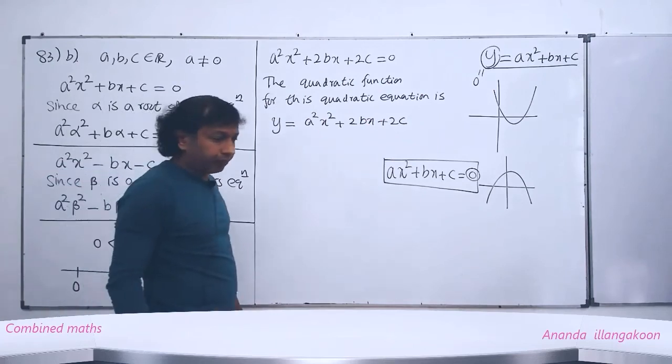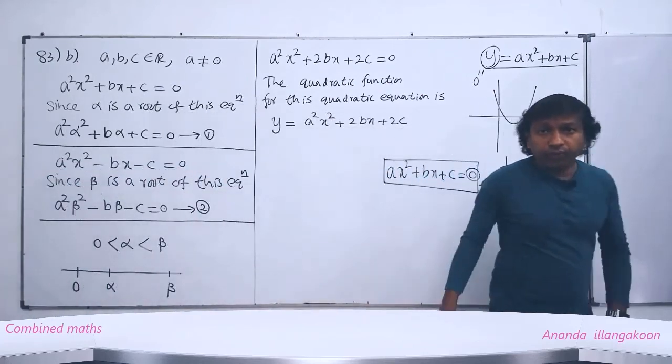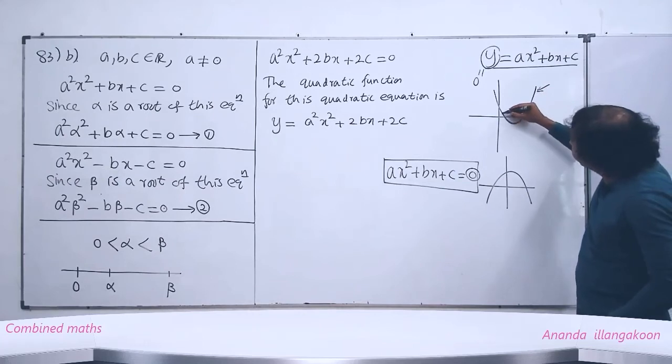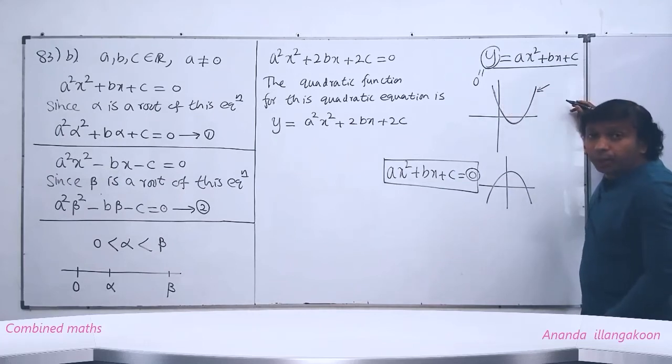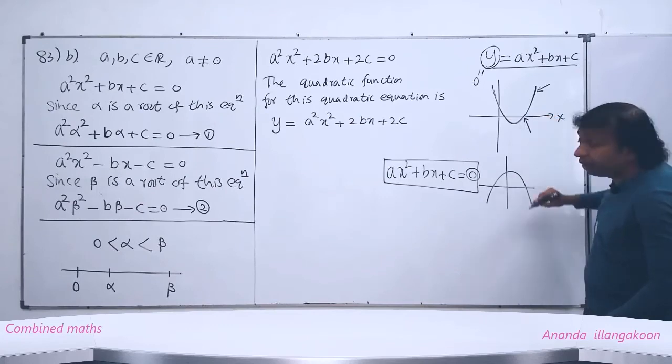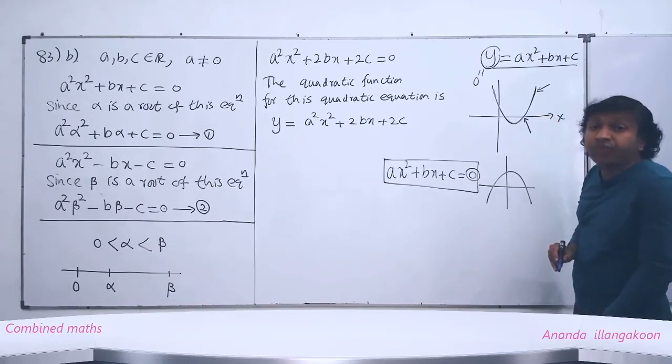Right. People, now when we consider this way the quadratic function, its graph is this. Right? People, for a quadratic graph, how did we define the root? When the graph cuts the x-axis, at that point the x-coordinate only defined as the root. That is the root of the quadratic graph, and the same root is the root of the quadratic equation 2.